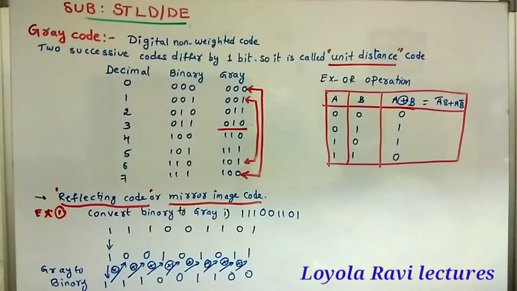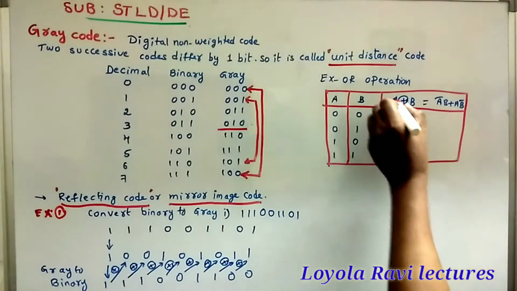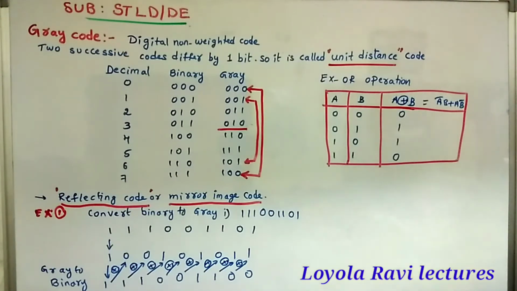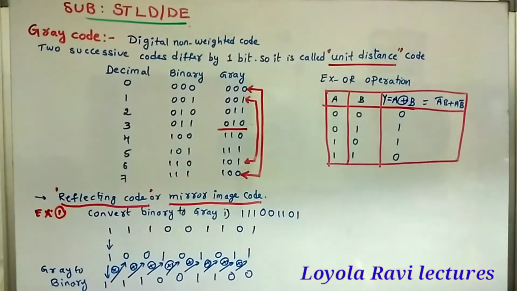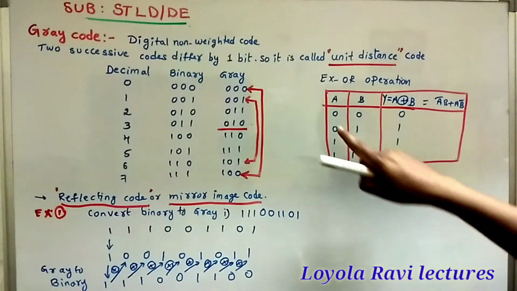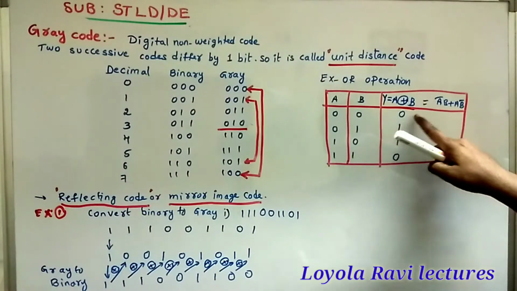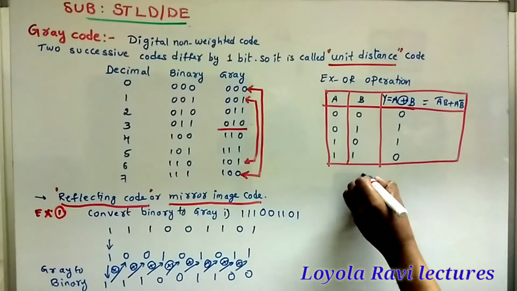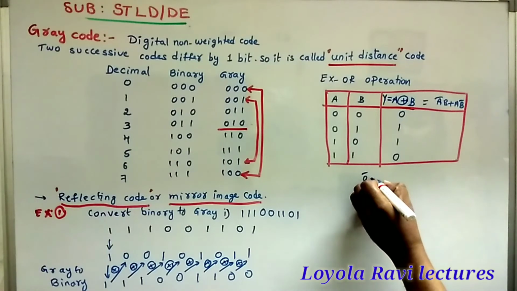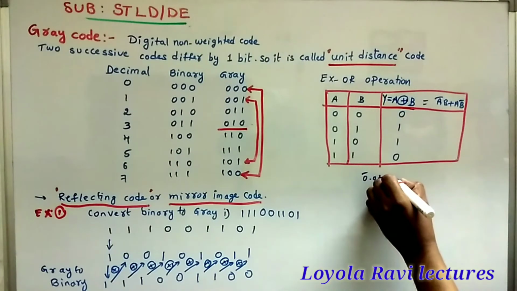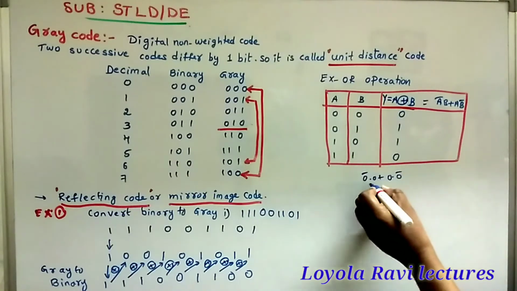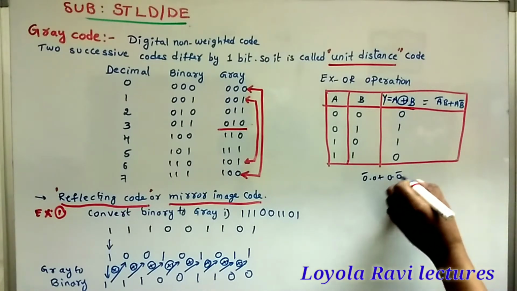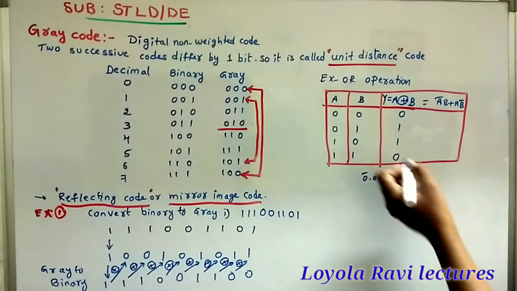You may take any symbol as output, for example Y equals A XOR B. For 0 0, 0 bar into 0 plus 0 into 0 bar, 0 into something is 0, so you get 0.